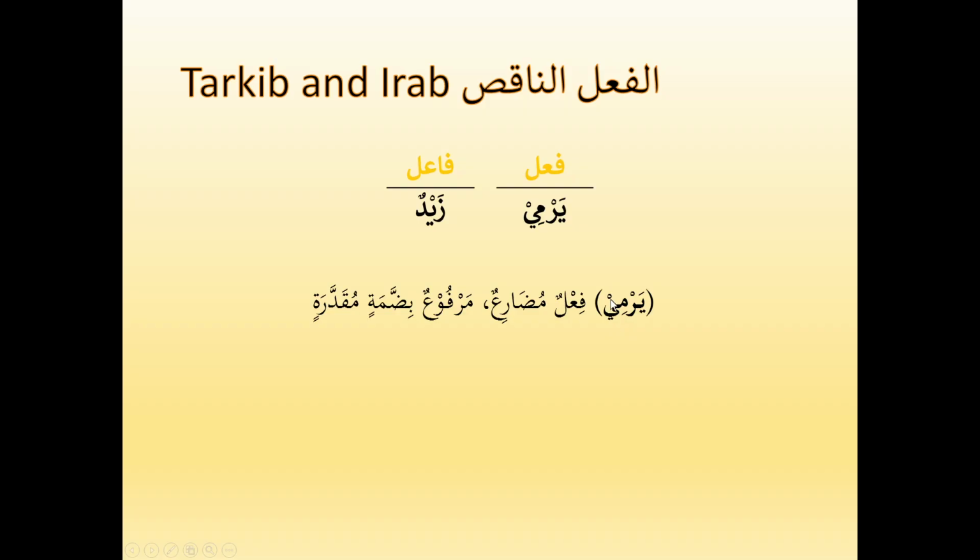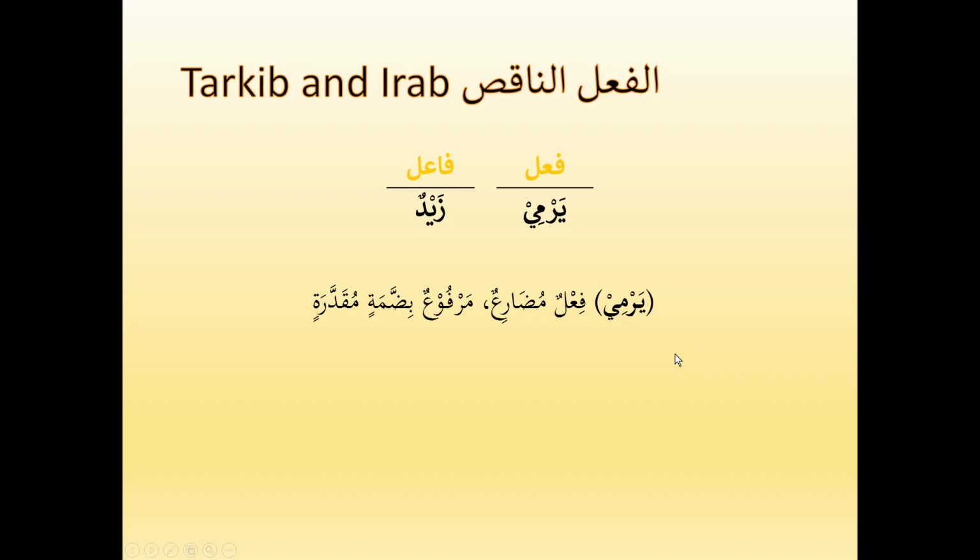I know the sukun is confusing you there, but the sukun is not a sign for majzum in the case of this fi'il naqis. It's the dropping of the ya that is the majzum. Here it is still marfu. The dhamma is there, but you can't see it, so it's muqaddara.